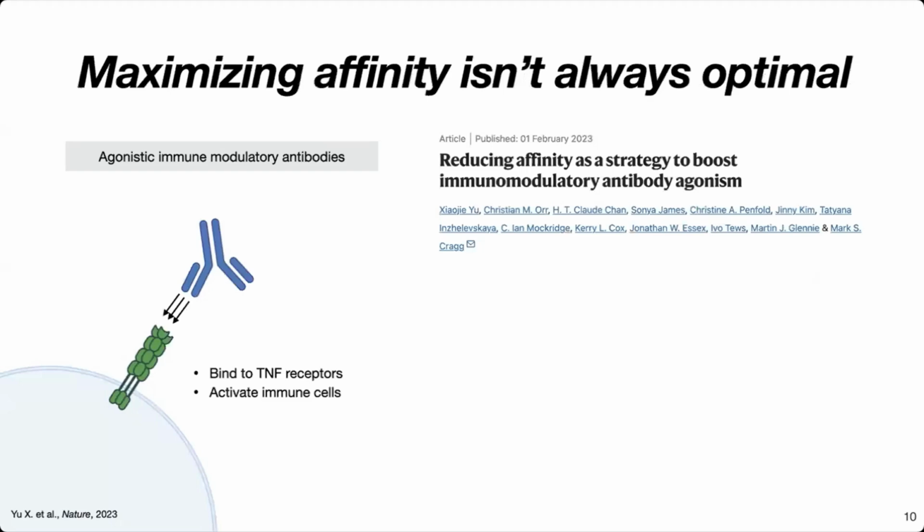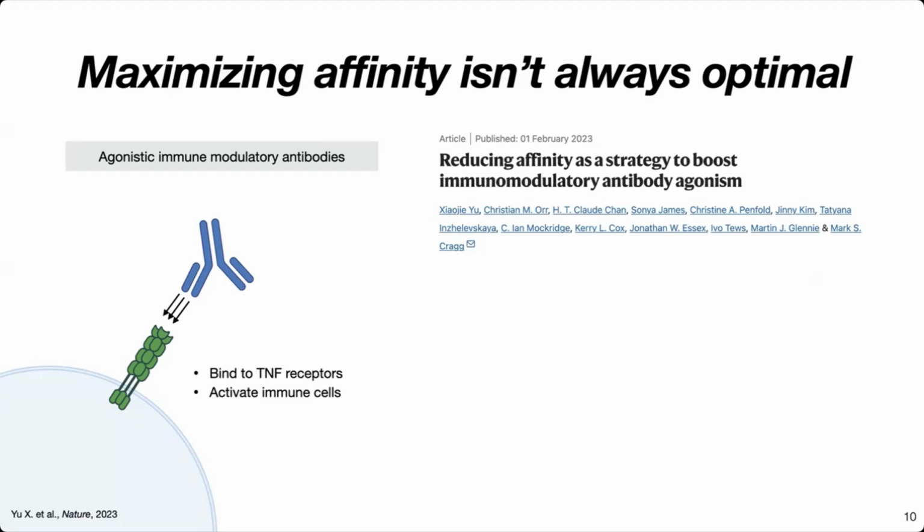However, in some cases, maximizing affinity is actually not always favorable. And this has been shown with agonistic immune modulatory antibodies that bind to TNF receptors, that downstream activate immune cells and that mediate or activate cancer cell killing. So this is being used in cancer immunotherapy.